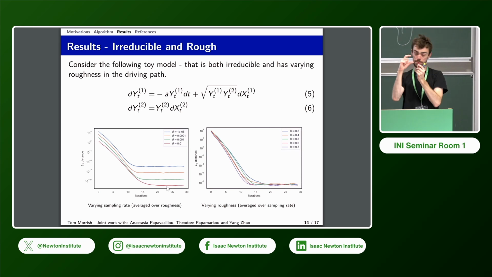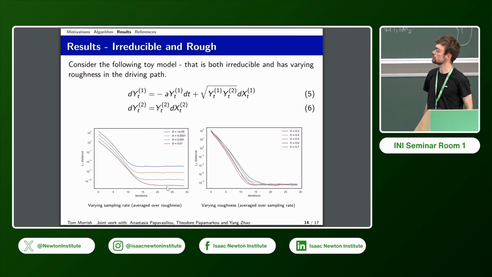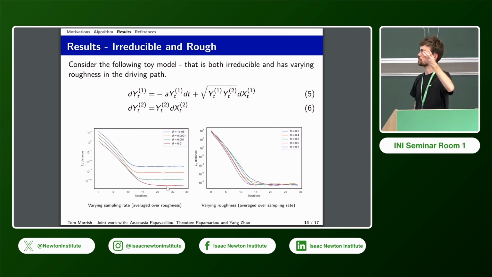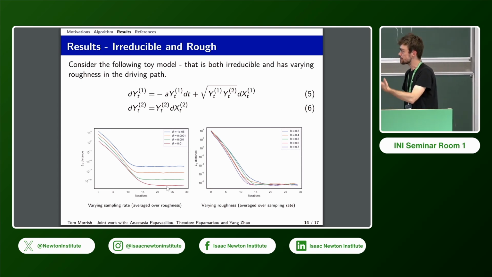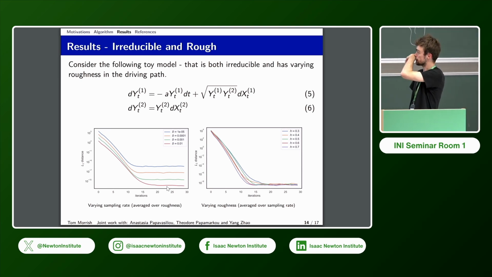There is some computational error on the distance in the bottom left, which is the difference between higher and lower sampling rate, but it converges around the level of 15 iterations. And that same effect happens with your roughness. It seems relatively uniform in roughness and in sampling rate. Again, the difference there is due to computational error.